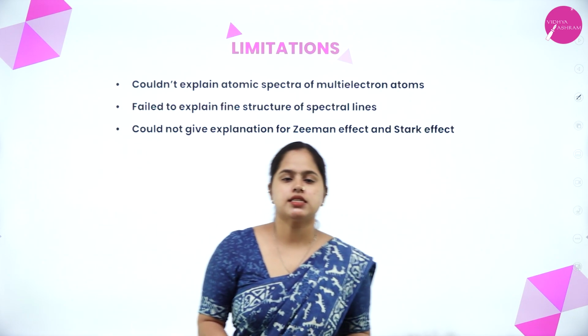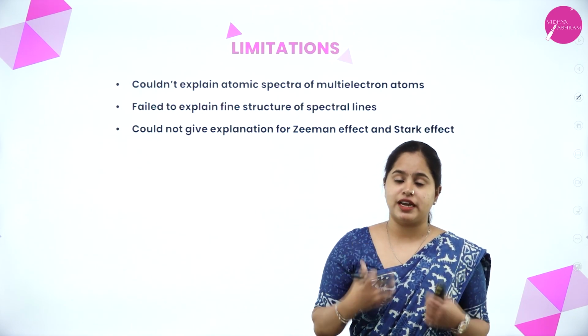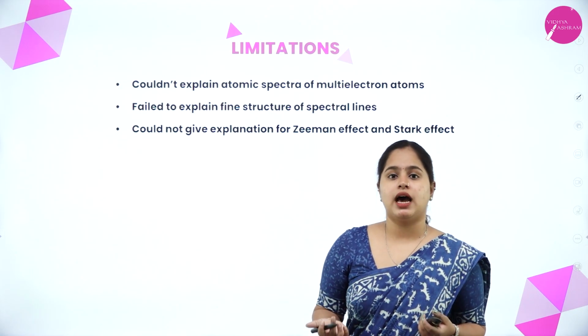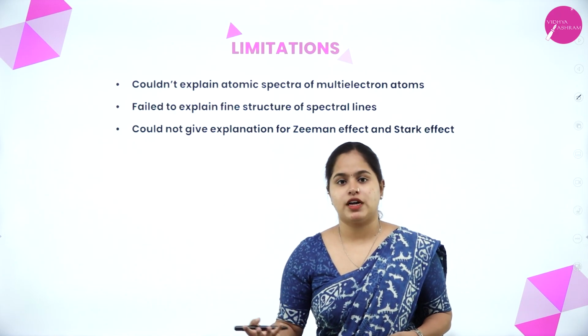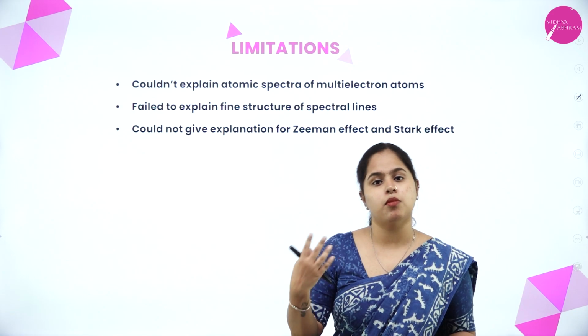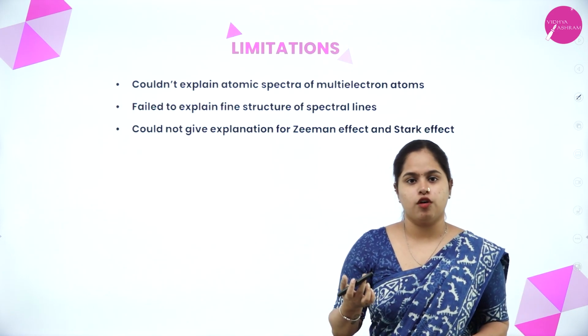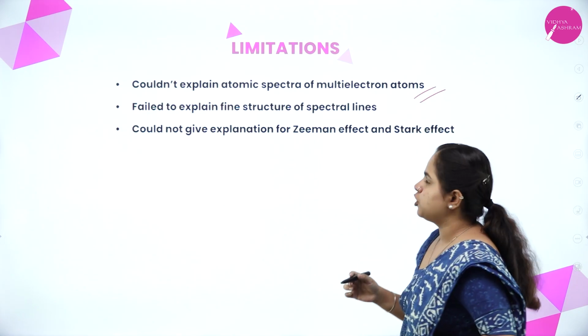Now what you have to understand is that Bohr's model is also not the finally accepted model of atom. Even Bohr's model had its own limitations which led to the final model of atom we will be studying, that is quantum model of atom. Clear? So the limitation of Bohr model of atom is it couldn't explain atomic spectrum of multi-electron species.